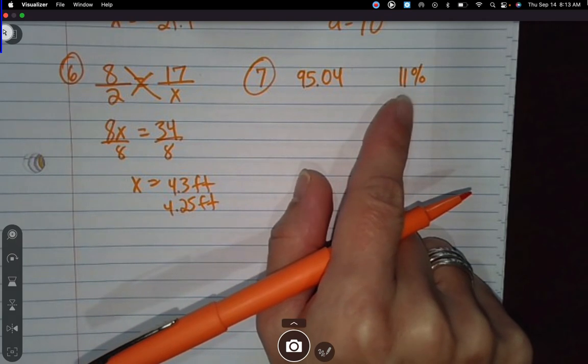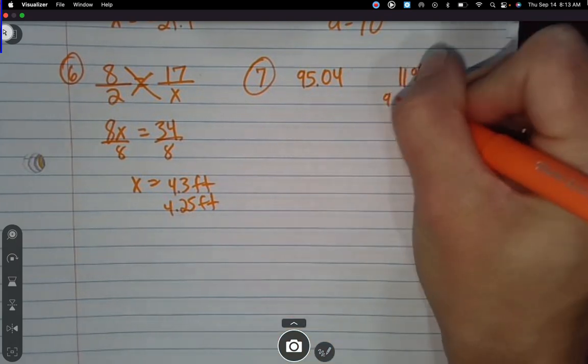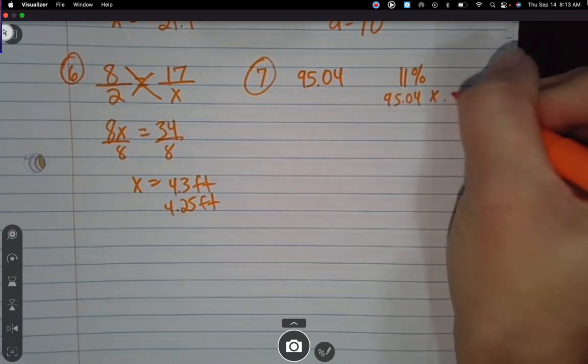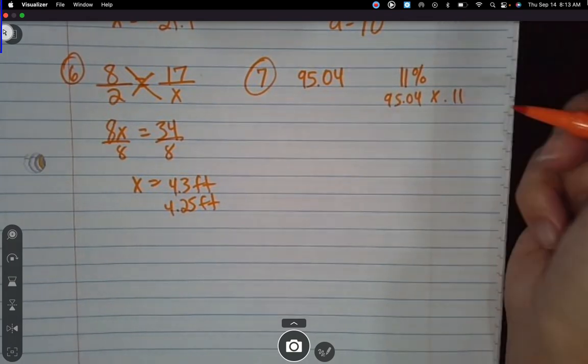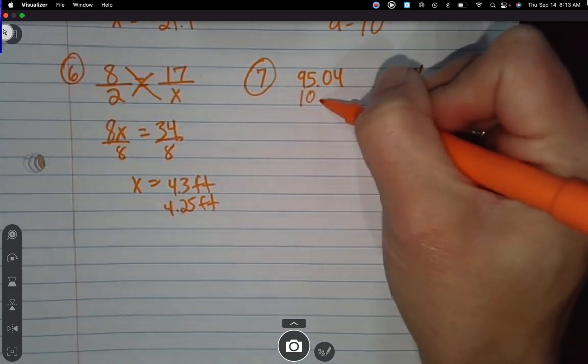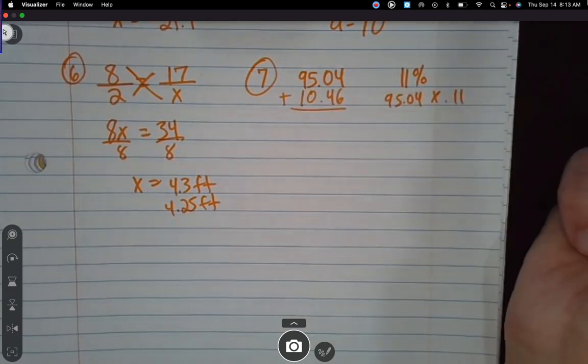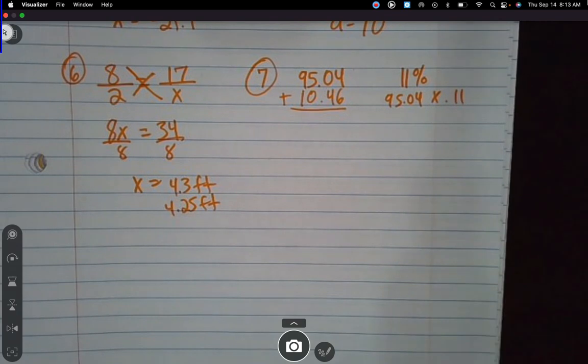And before you can multiply by that percent, you have to change it. So I would be doing 95.04 times 0.11. What do y'all get for the tip? I got 10.46. 10.46? All right, $10.46. I got $10.4544, so it'd be just $10.45. Okay. It just depends, I guess, on how you round, but we'll go with this one.